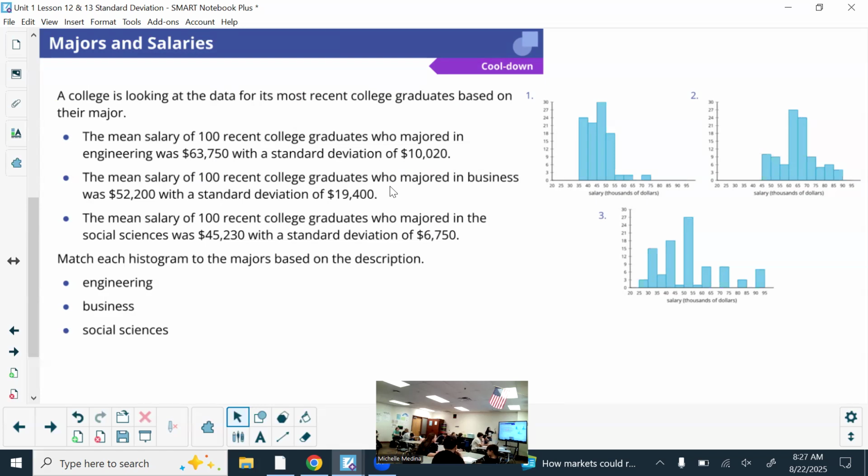In business it was 52,000 with a standard deviation of around 19,000. In the social sciences it was about 45,000 with a standard deviation of about 6,700. So you're matching, based on these descriptions, which major goes with which histogram.